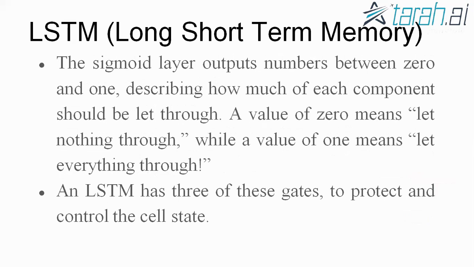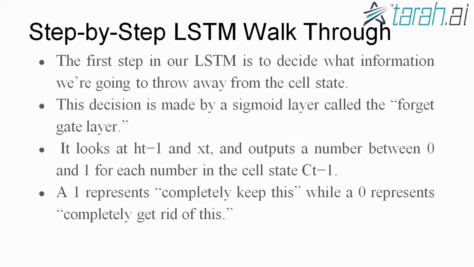So as you know, a sigmoid layer outputs numbers between 0 and 1, describing how much of each component should be let through. Then the sigmoid layer output is determining how much of the data from the input should be allowed to influence. Then based on that, we have 3 different gates.